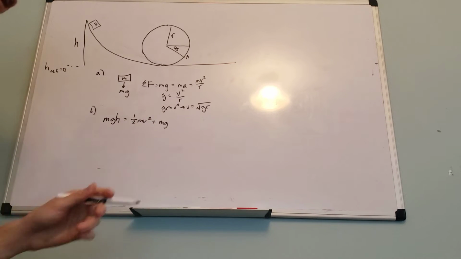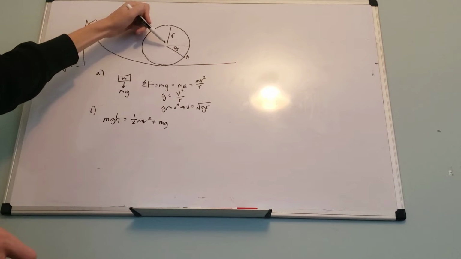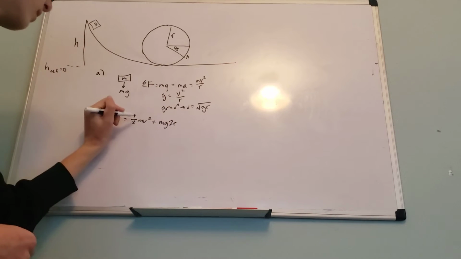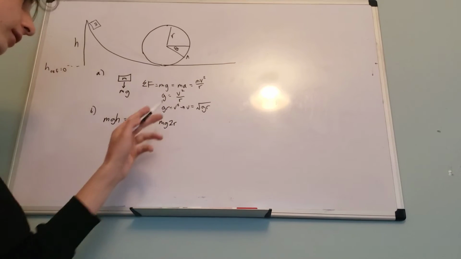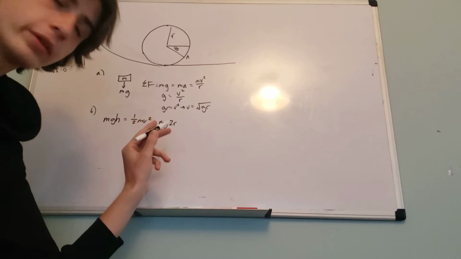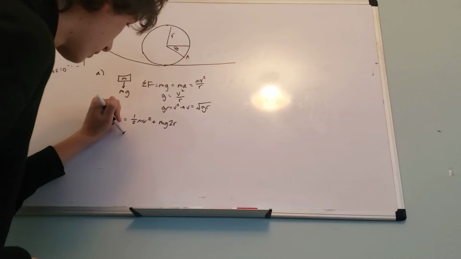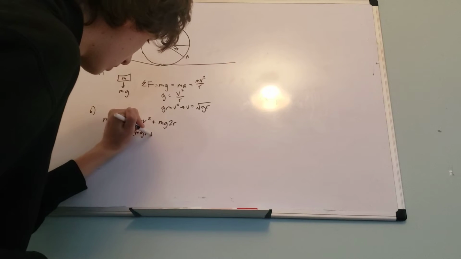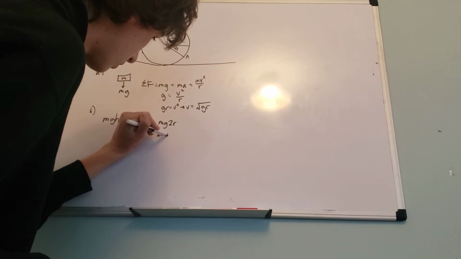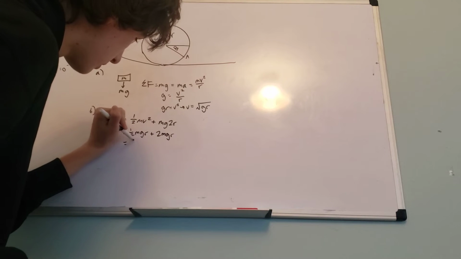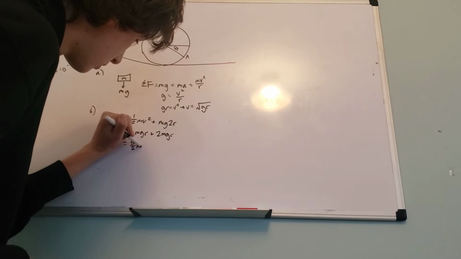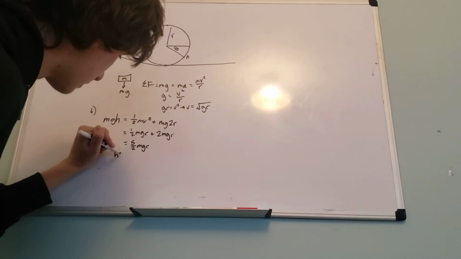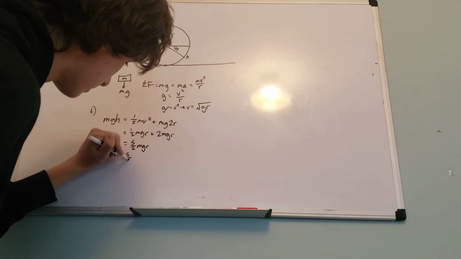The height at the top is equal to 2 times the radius. As you can see up here, v squared equals gr, so I'm going to substitute that in. And that equals, boom. Now we just cancel out mg, and we can say that h is 5/2 r.